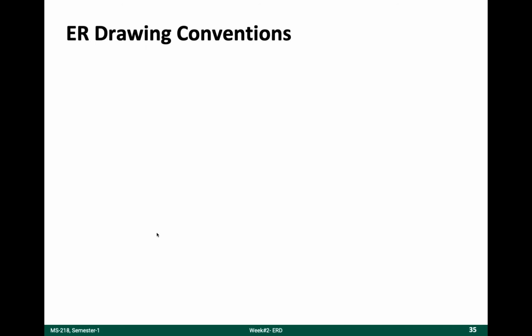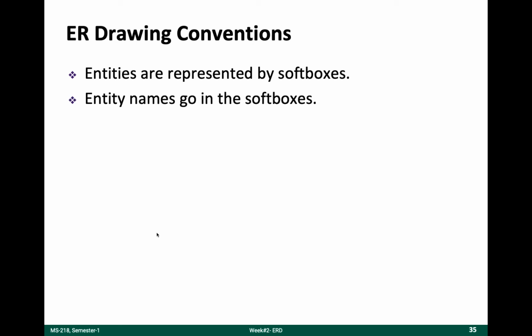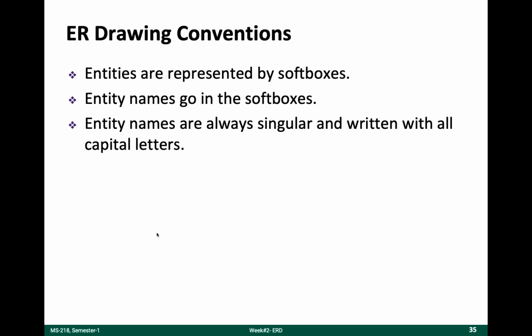So, ER drawing conventions. Now we will see what this soft box means and why we are putting a star in front of some attributes and a small o in front of other attributes. Entities are represented by soft boxes. Entity names go in the soft boxes. Entity names are always singular. Like if we are talking about students, the entity name would be student.